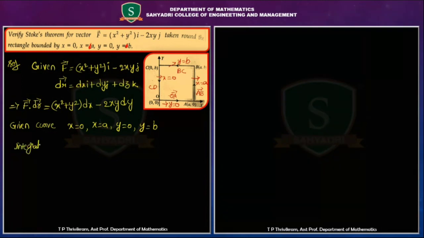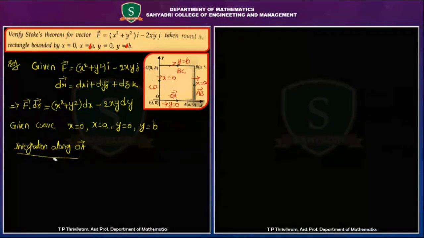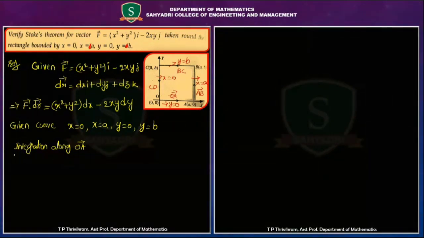Integration along OA. Integration along OA means first we have to convert this F dot dr in terms of either x variable or y variable. So what information will be available on the OA line?